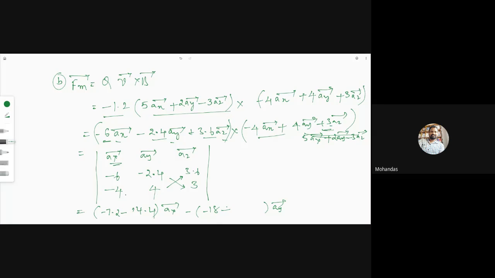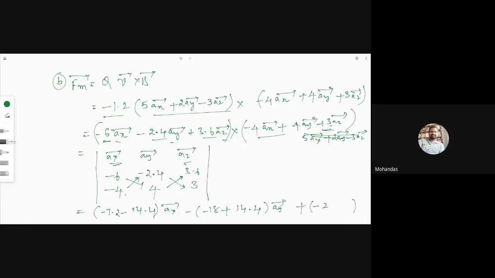Plus AZ into 6 into 4 minus 4 into minus 2.4. That becomes minus 24, minus 2.4 into 4 becomes 9.6.